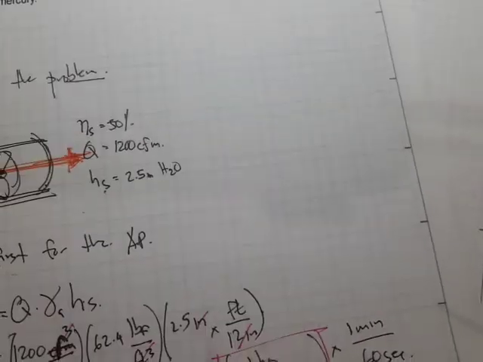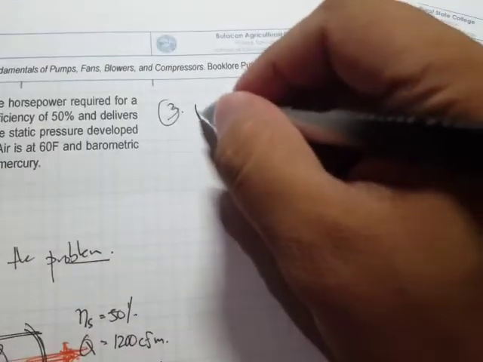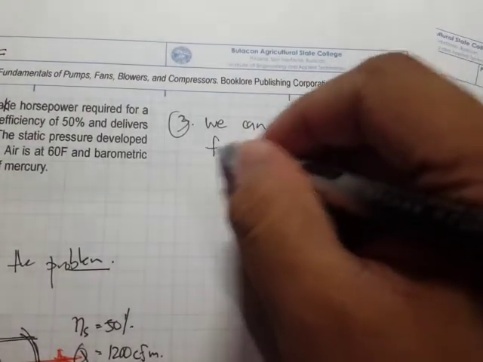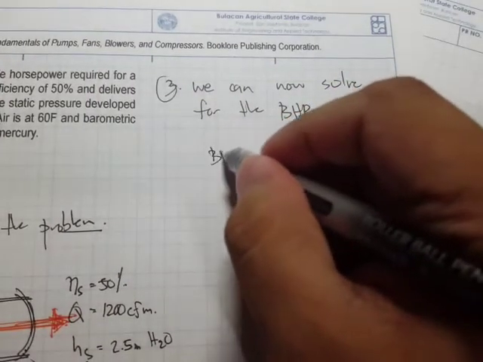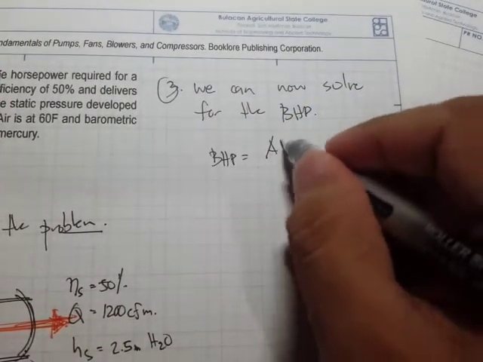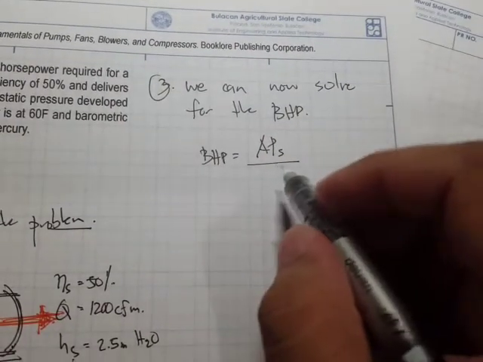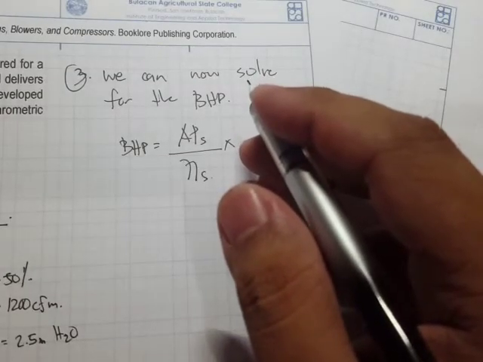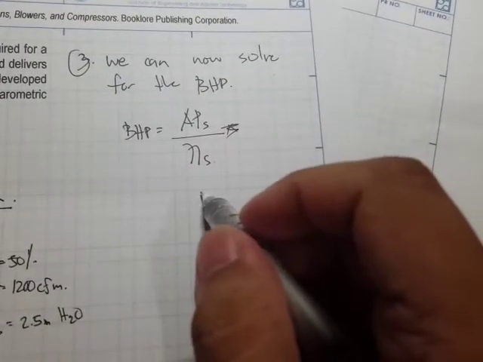Okay, so moving on to step number 3. Therefore, we can now solve for the brake horsepower. And recall the equation: BHP is equal to air horsepower divided by efficiency. And since we are using static air horsepower, then the efficiency that we'll use must also be static.